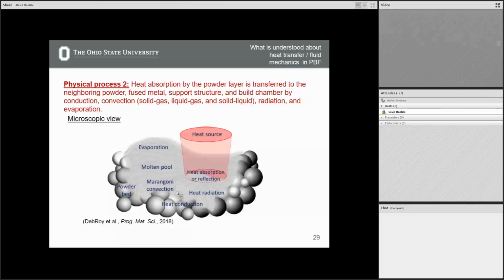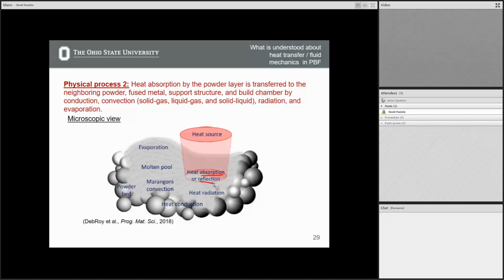All right, so this is more the macroscopic view of what's going on. The microscopic view, and I hope the video showed a little bit of this, the high-speed video of what's going on in the melt pool, you have, at the melt pool level, heat coming in from the laser. This is either absorbed, and it's also reflected, right?